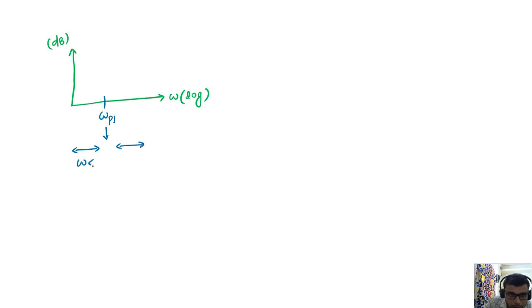Here omega is less than omega p1, and here omega is greater than omega p1. Here my gain is constant at A naught, and after that gain is rolling off. As omega increases, gain rolls off, because the expression of gain is A naught omega p1 by omega.